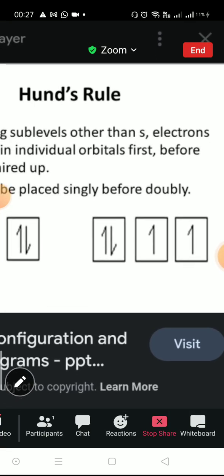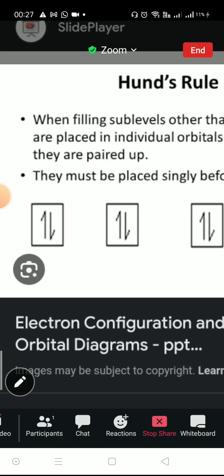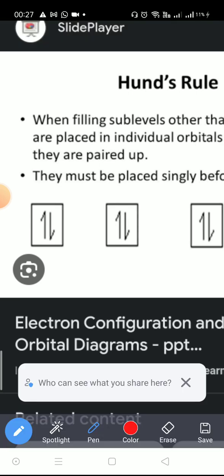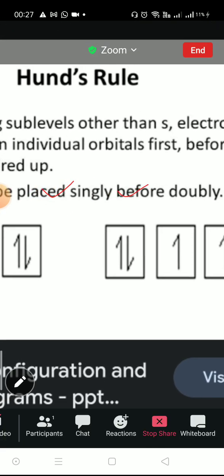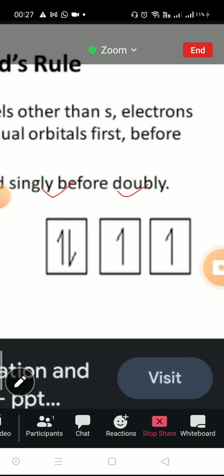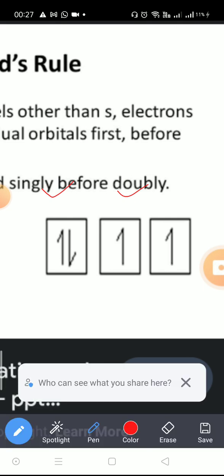If we see these two orbitals, 2 electrons are filled, and that too in the opposite direction with opposite spins. Now if we come to the next orbital, this is a degenerate p orbital, means it has the same energy.